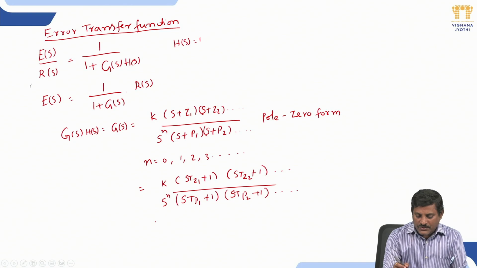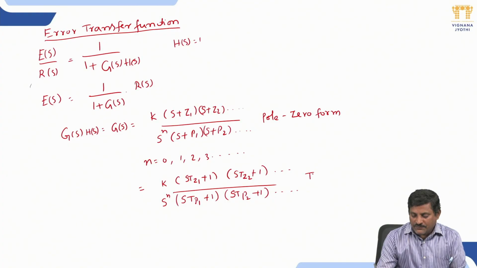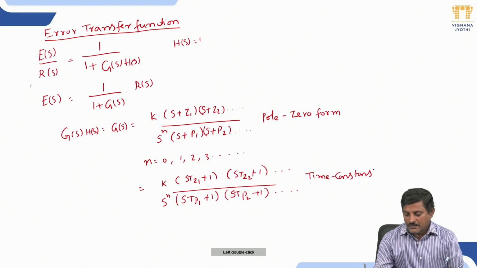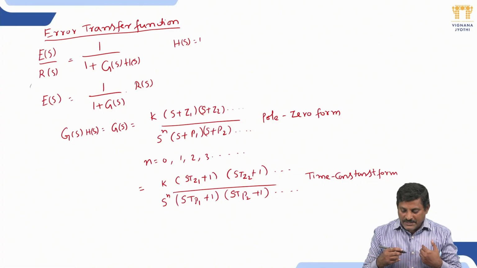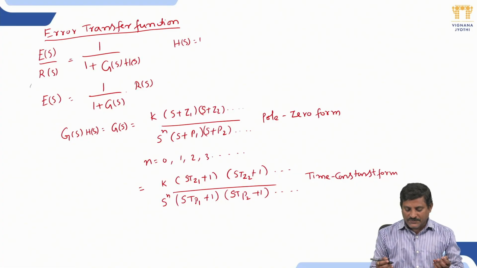Again, as I told you, n is the type of the system. This is the time constant form representation. So the transfer function can be expressed in two ways: pole zero form representation and time constant form representation.